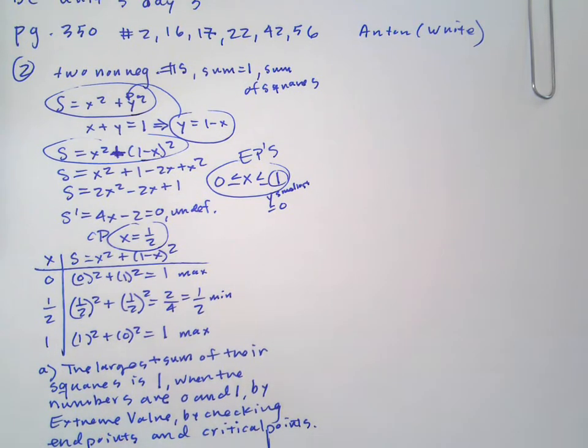Now part B says the smallest possible. So we say the smallest sum of their squares is 1/2 when the numbers are 1/2 and 1/2, by extreme value theorem, checking endpoints and critical points.